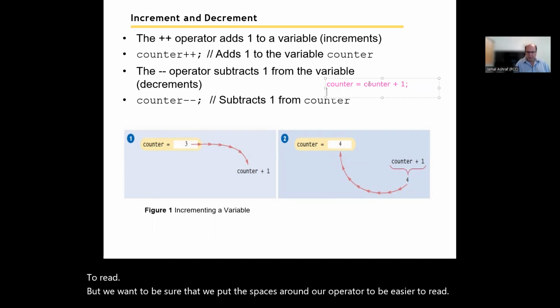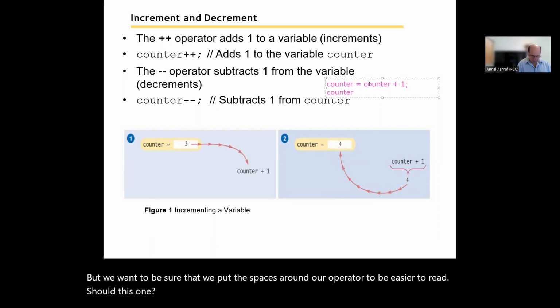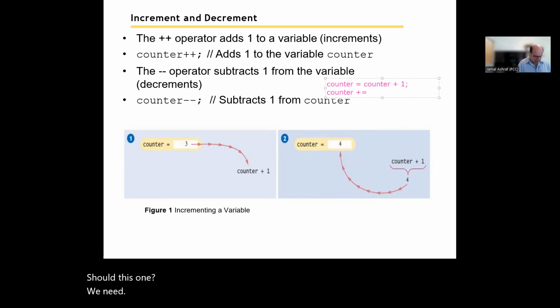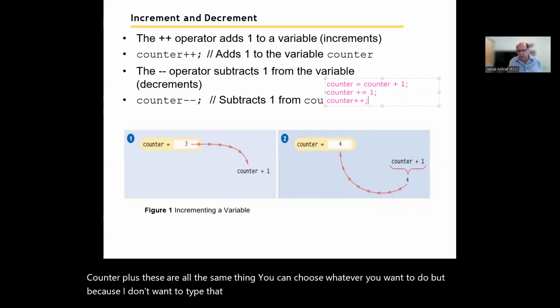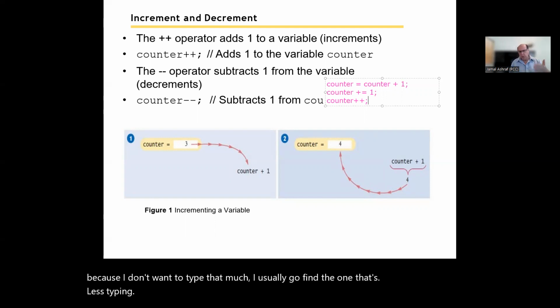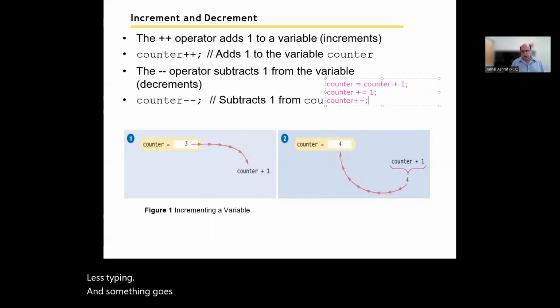So this one with plus equal 1 and counter plus plus, these are all the same thing. You can choose whatever you want to do. But because I don't want to type that much, I usually go find the one that's less typing. And same thing goes with the negative one. It's going to be counter minus 1, minus equal, minus minus.